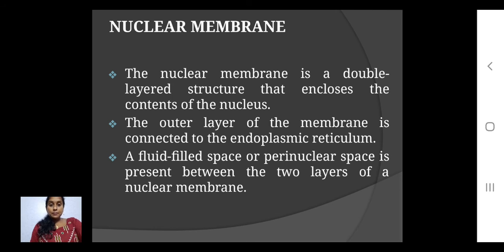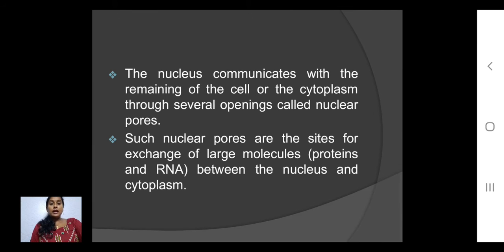It is also called the perinuclear space, and it helps to protect the nucleus from other components, or whatever disturbance is ongoing or happening to the cells. That protection is also needed. So the membrane gives protection to the nucleus from other components.